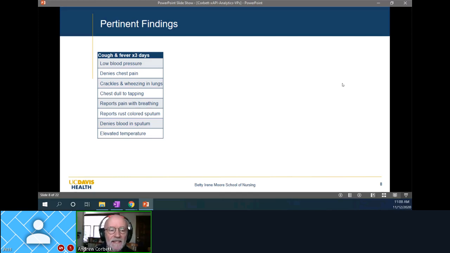So what we're looking at is the key pertinent findings for each of these patients. Each one of them has a set of findings that any competent clinician should recognize as being key to deciding what's going on and figuring out what they should do next. So in the case of a person with pneumonia, there were 8 of them, and it's possible to generate a percentage success on these for a student.